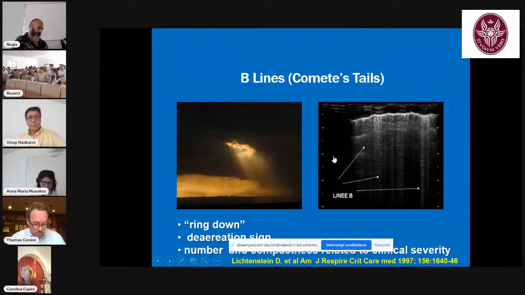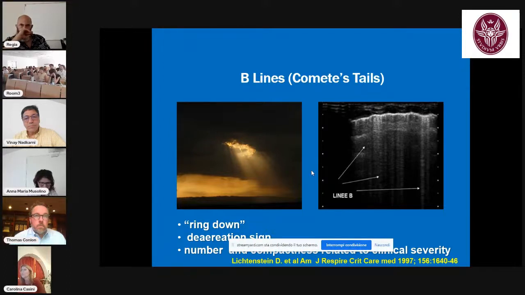The B lines, also called comet tails, appear in our ultrasound image like this, like a ring down. They are a sign of deaeration.